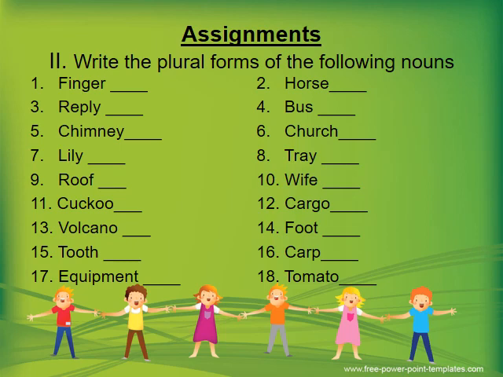So first one is finger, second is horse, third is reply, fourth is bus, fifth is chimney, sixth church, seventh lily, eighth tray, ninth roof, 10th wife, 11th cuckoo, 12th cargo, 13th volcano, 14th foot, 15th tooth, 16th car, 17th equipment, and 18th tomato. Children, with the help of the rules that you have learned in this chapter, you are going to do this question of your assignment.